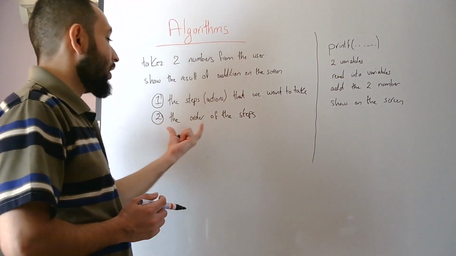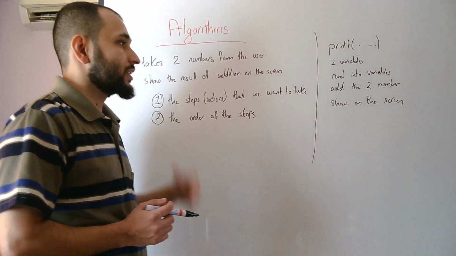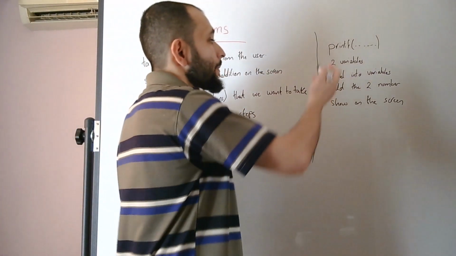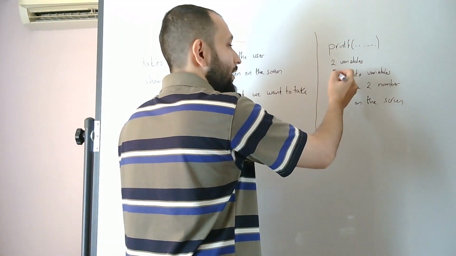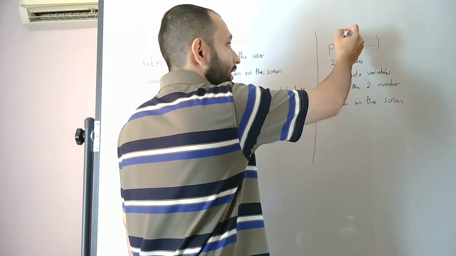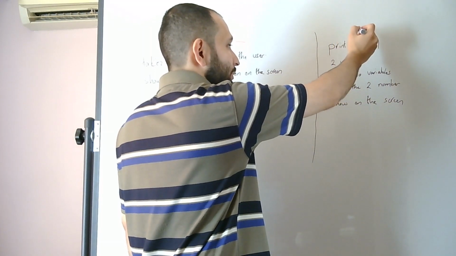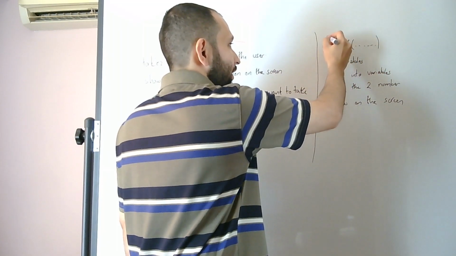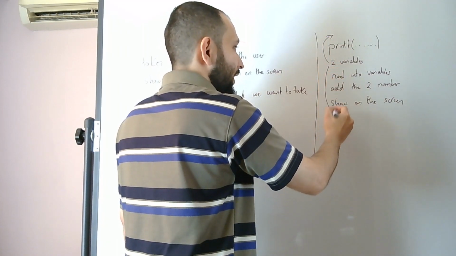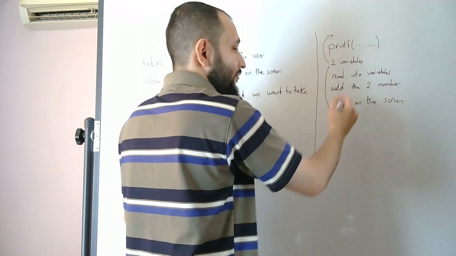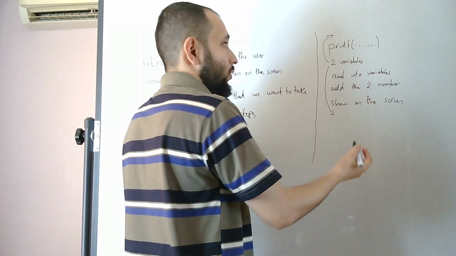And secondly, the order of the steps is very important. Basically, some changes are possible. We can have the definition of these two variables in the first part of the program, and we can move it in here, right? This will be okay. But what if we bring the definition of these two variables to the end of the program?